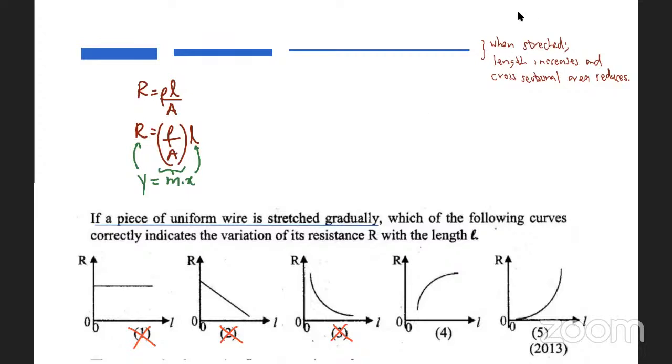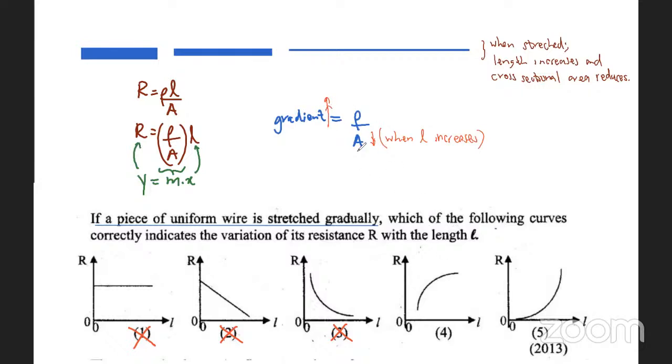The reason is A reduces. The gradient is equal to rho over A. So rho over A, when length increases, area reduces. So if area is going to reduce, your gradient has to increase.